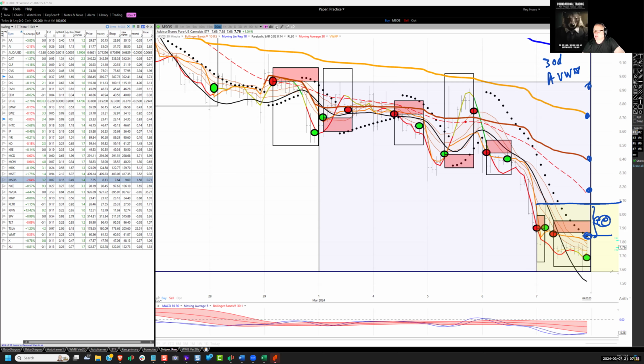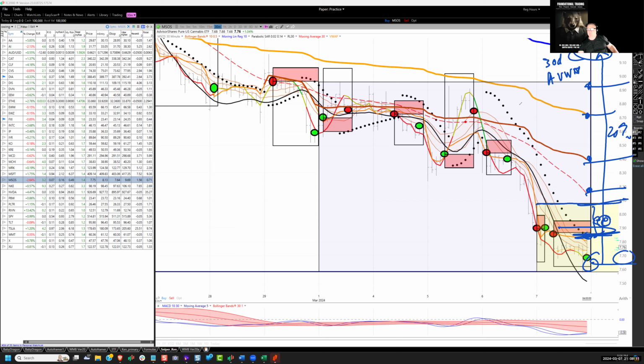That's how far this thing has pulled away from long-term fair value. 920 all the way down to 760. So that's what, $1.60 on 7.5. That's a 20% sell-off. So if this thing starts climbing the ladder tomorrow, those are the targets all the way back to the 30-day volume weighted average price.